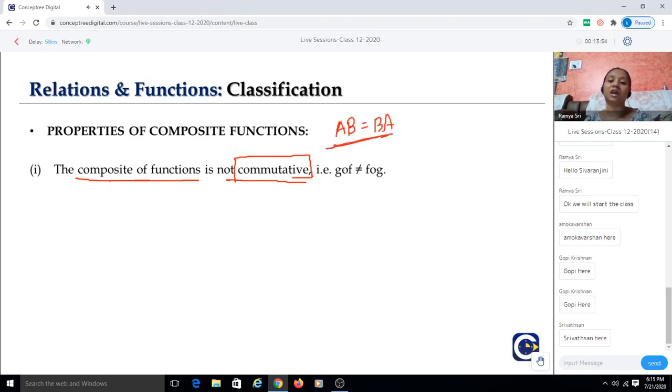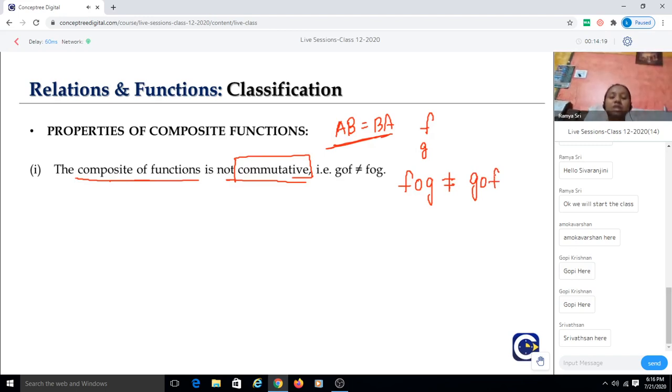So this is basically our commutative law, right? But here, as per our composition of functions, it is not commutative, which is nothing but, if we have two functions f and g, then FOG is not equal to GOF.